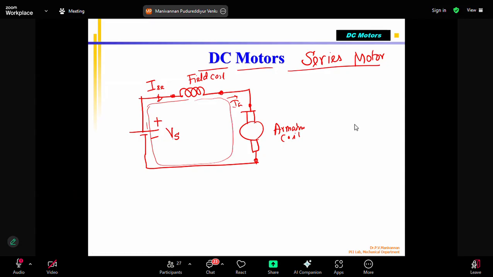Now we can write according to KVL, Kirchhoff's voltage law, which talks about voltage across a closed circuit. This is a closed circuit, correct?